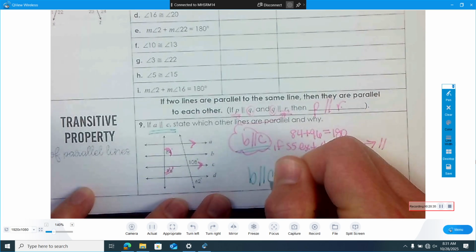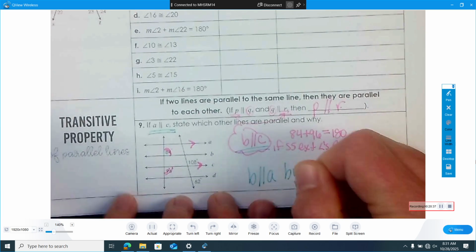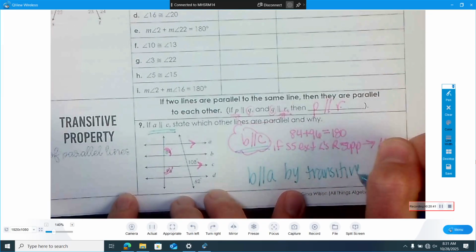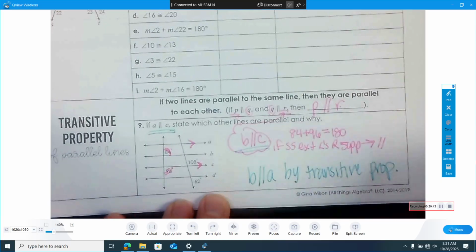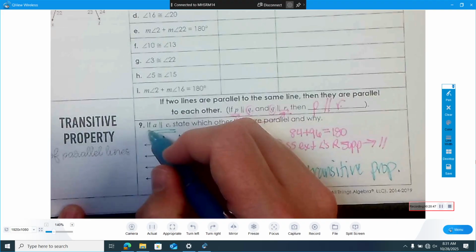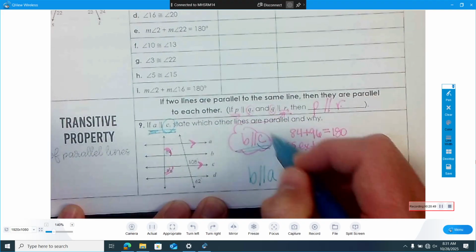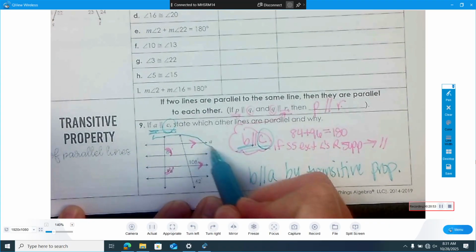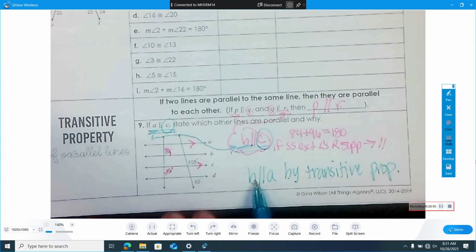B must be parallel to A by the transitive property. So again, if A is parallel to C and C is parallel to B, then A gets to go directly to B. And so that's the other transitive property.